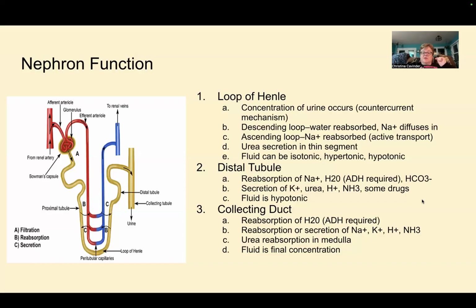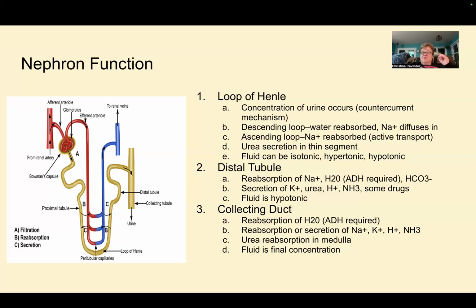In the distal tubule, you reabsorb sodium if you need to, and water. For the reabsorption of water, usually ADH, or antidiuretic hormone, is required, and also bicarb, and that depends on the pH of the blood.